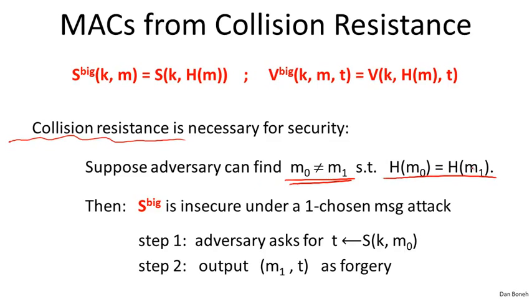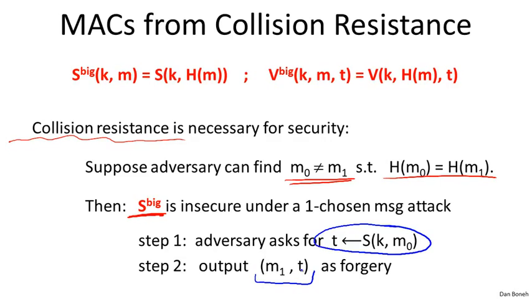In this case, the combined MAC is not secure, because the adversary can simply use a chosen message attack to get a tag for M0 and then output M1 along with that tag as a forgery. Indeed, T is a valid tag for M1 because H of M1 is equal to H of M0. So with just one chosen message attack, the attacker was able to break this combined MAC simply because the hash function was not collision resistant.